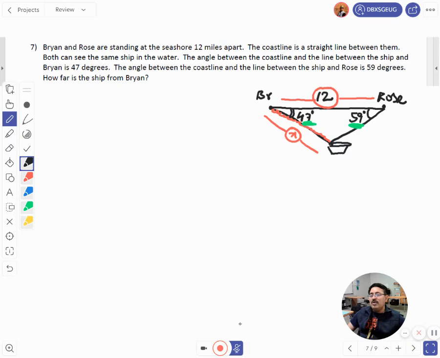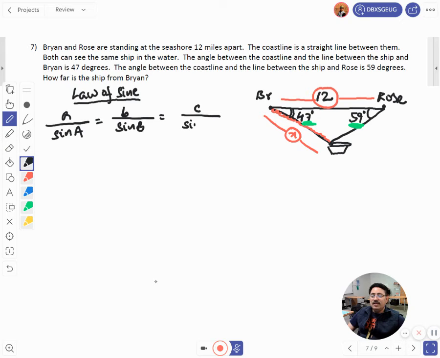So once you identify which rule you have to use, let me write the law of sines. You may practice writing this one. a over sine A equals b over sine B equals c over sine C. Now just plug in the values. What to take as A, B, and C is up to you.